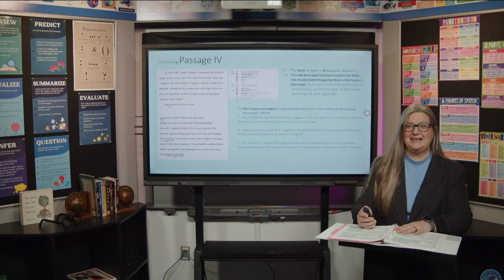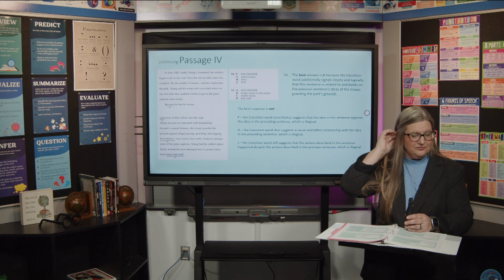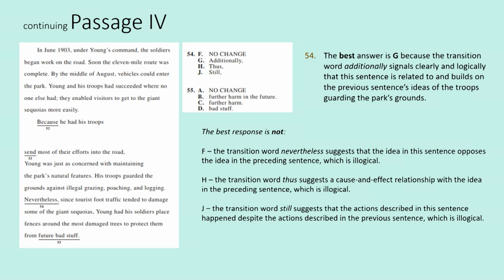We're going to move to the next section. The next question is 54. For 54, the best answer is G, because the transition word additionally signals clearly and logically that this sentence is related to and builds on the previous sentence's ideas of the troops guarding the park's grounds.